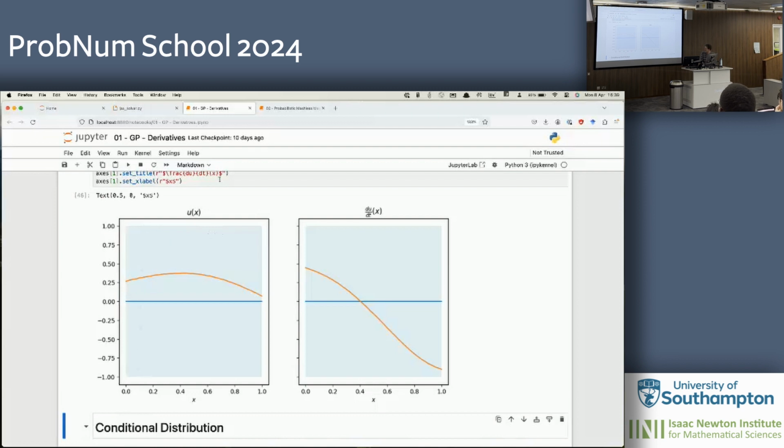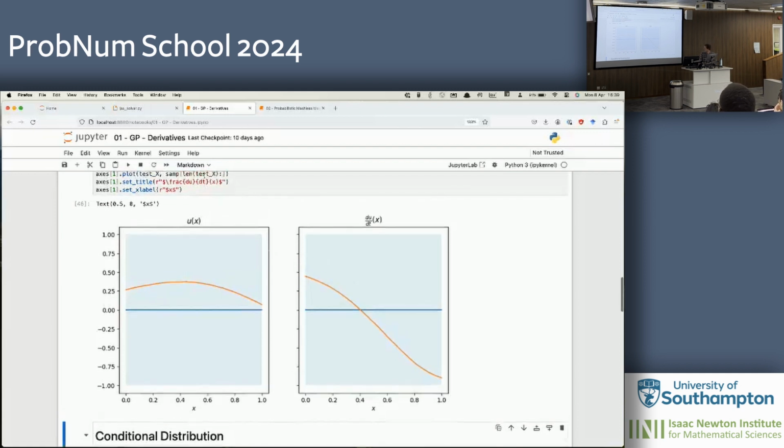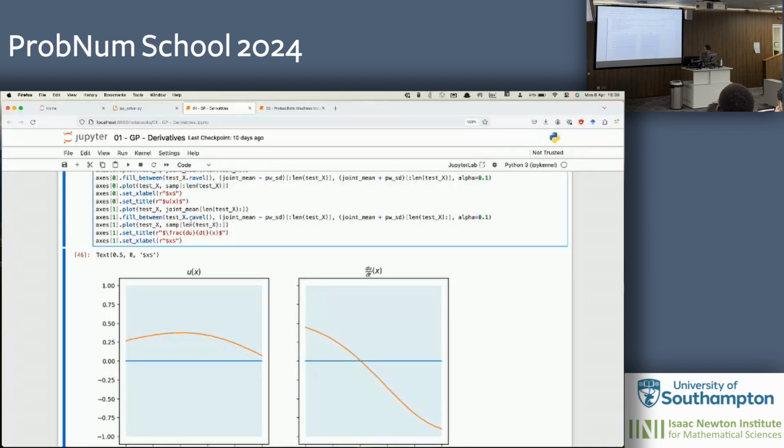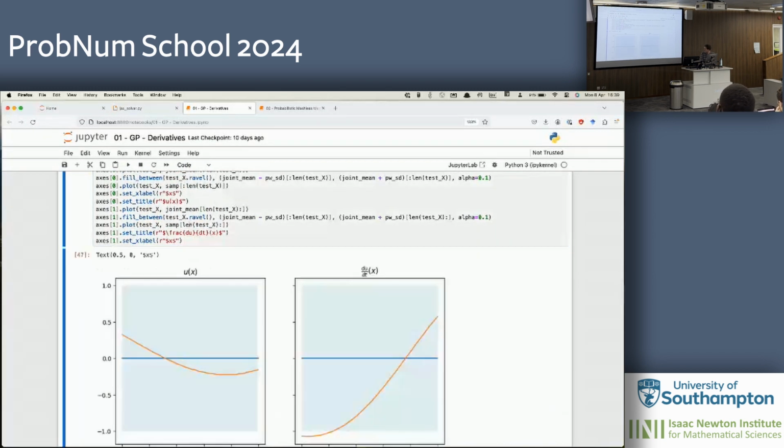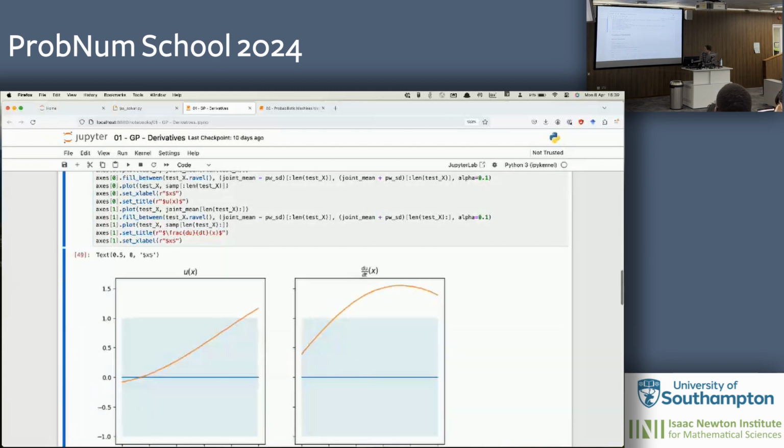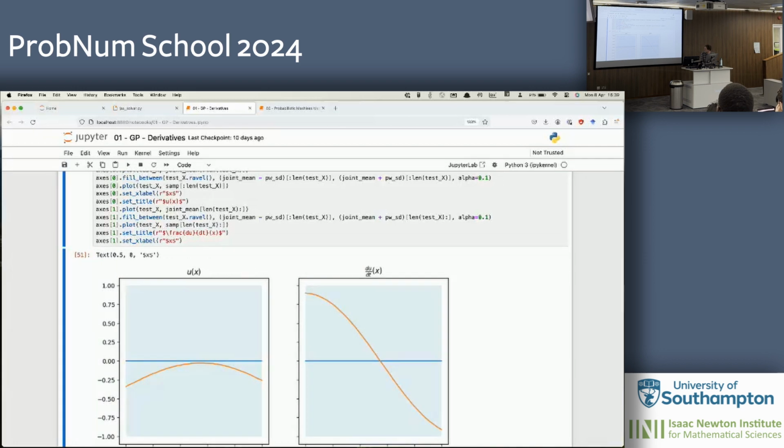The shaded region is a 1 standard deviation credible set, point-wise. The orange lines are samples from this joint distribution. If we run this a few times, we see something like the function and its derivative plotted for different realizations of the randomness.